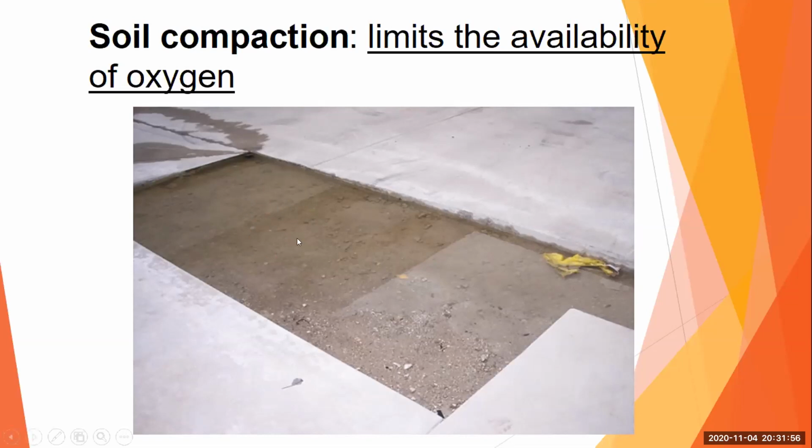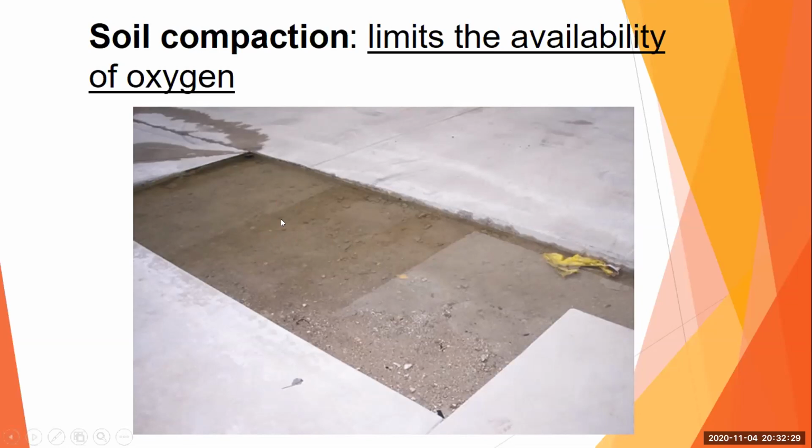But this is what happens in our streets. When they build the street and the sidewalk, all the engineers don't care about the trees. They care about the safety and they care about the concrete and all this stuff. So they bring the machinery and they compact the soil. And you as an inspector are going to go there and see the trees dying, but they are dying because the soil is very bad.